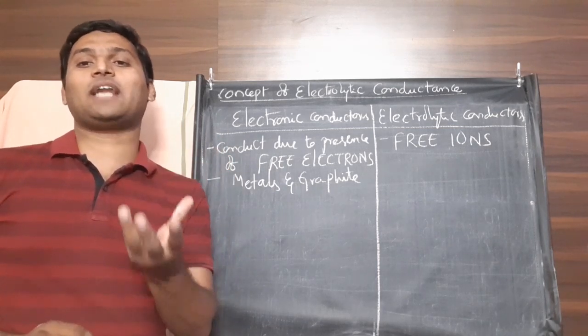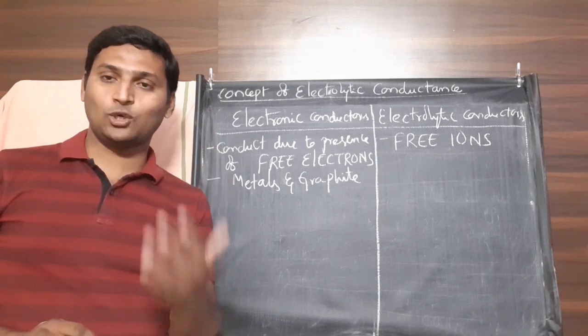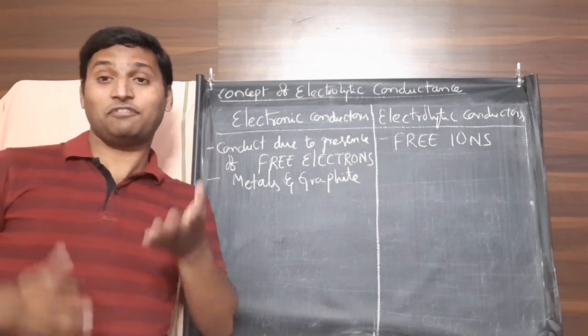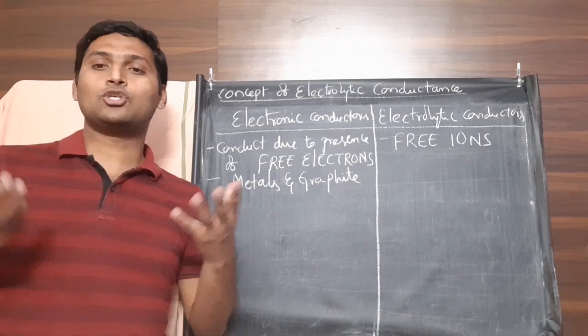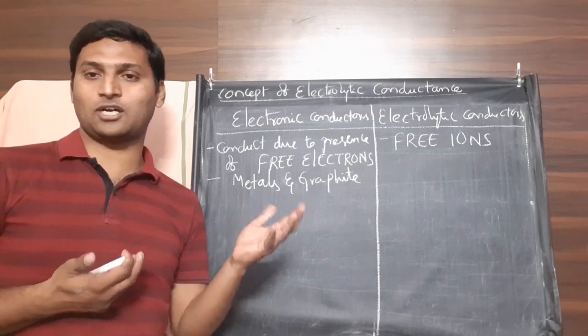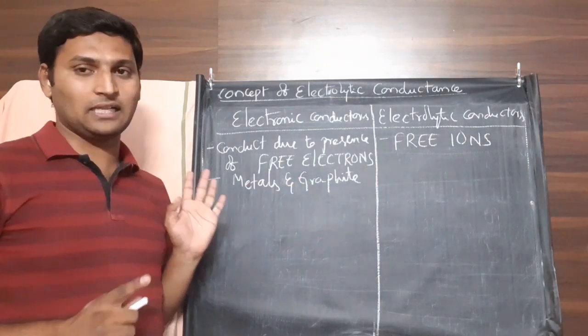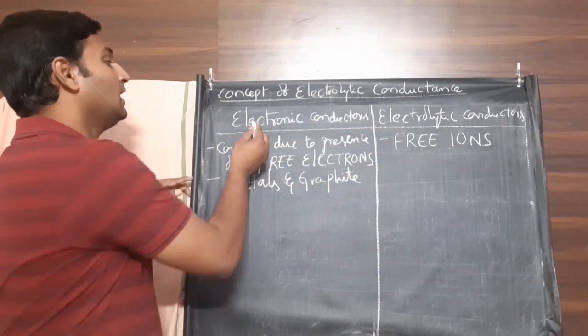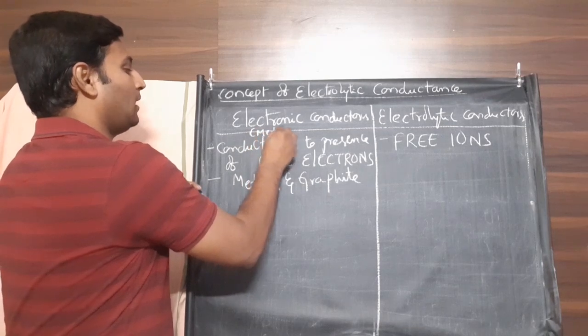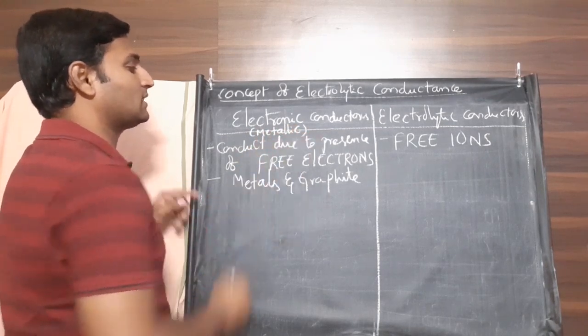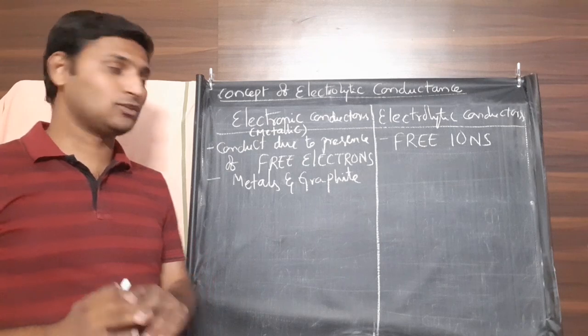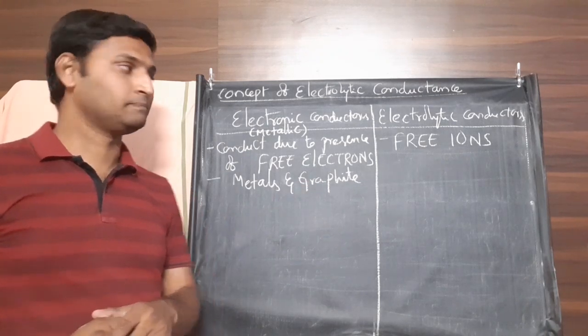So if you take 12 grams of graphite, you have 6.023 × 10^23 free electrons in that sample. So many free electrons can obviously move across and conduct. That's why graphite is the non-metallic conductor, but otherwise metals are electronic conductors. So please understand, electronic conductors are otherwise called metallic conductors also, though graphite is an exception.